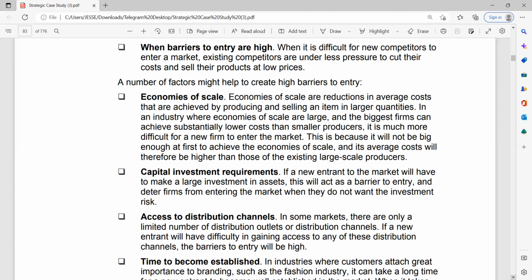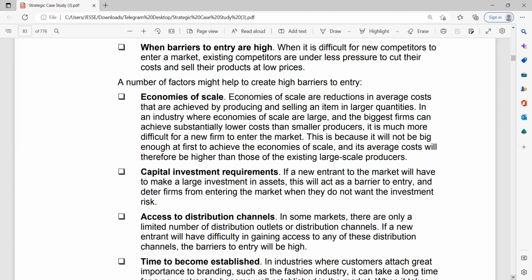Another high barrier to entry is capital investments. As I gave the example of the telecommunications industry, we realize that capital investment is also a thing, right? If a new company has to make large investments into assets, then that will act as a barrier to entry.